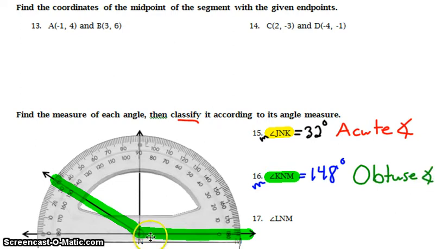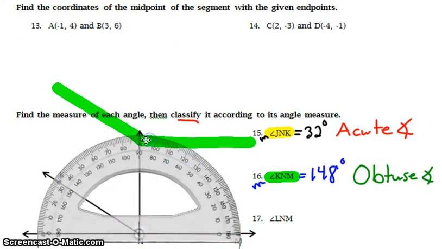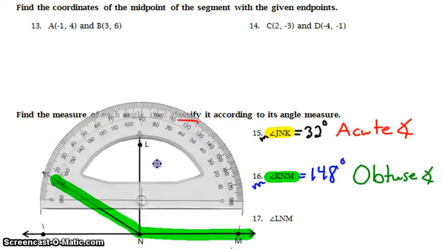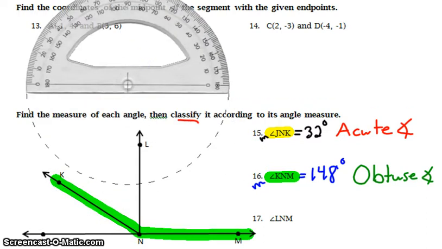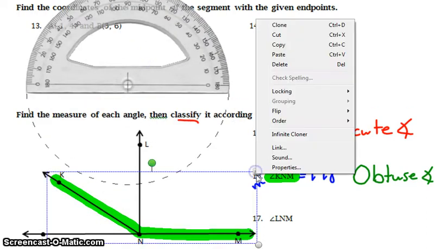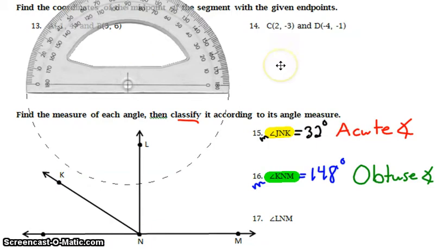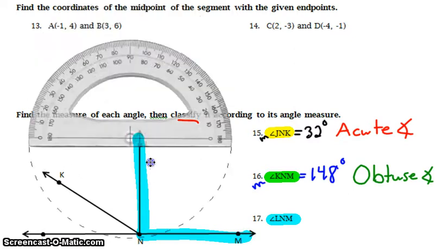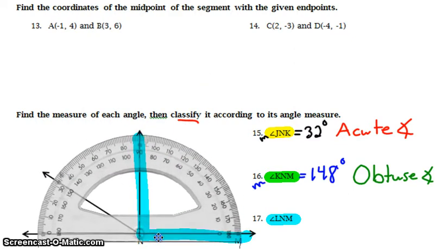All right, and then there is one more angle they want us to measure, and that angle is angle LNM. So that means I start at L, I go to N, and I stop at M. Then I pull my protractor down and line it up with one side.